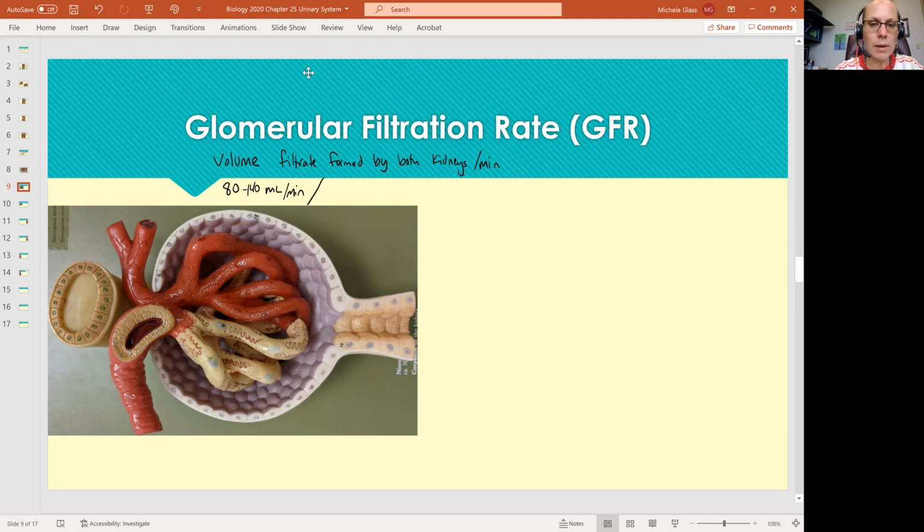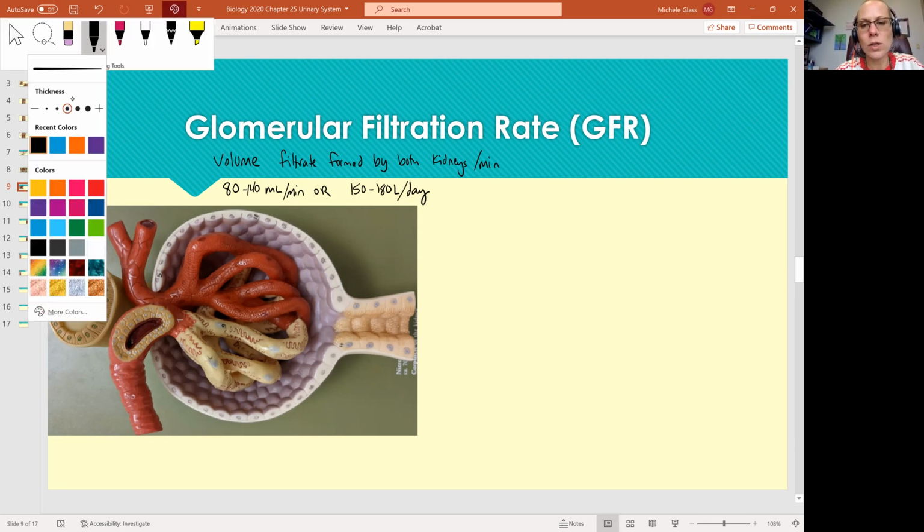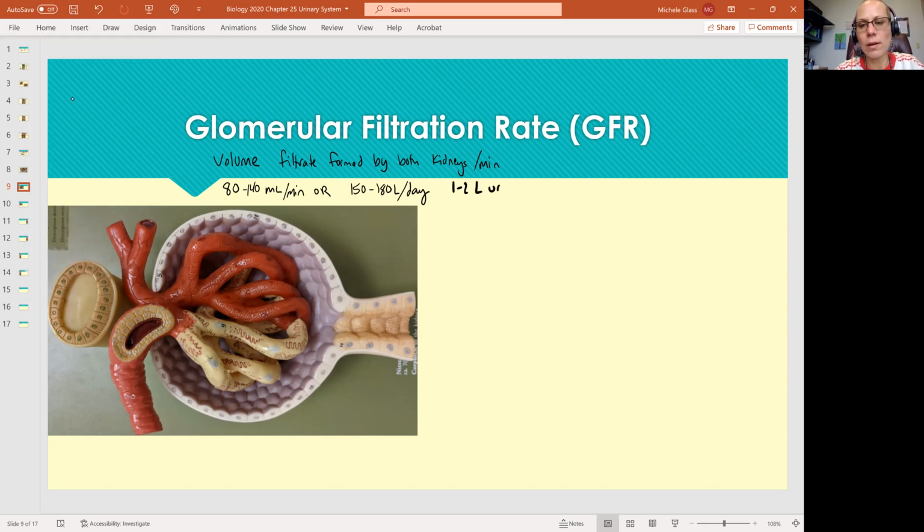Or it might make more sense for you to say 150 to 180 liters per day, with the knowledge that you're only producing 1 to 2 liters of urine per day.